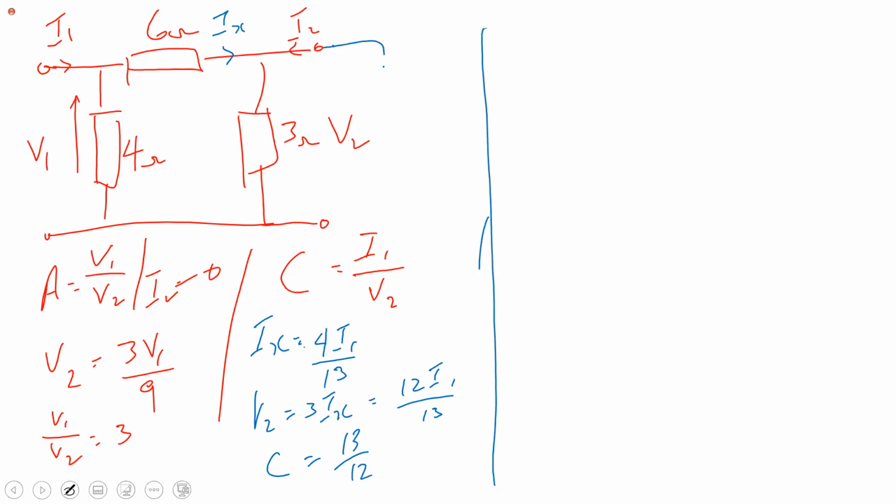If I now put on the short circuit, B is V1 over minus I2, V2 being equal to 0.